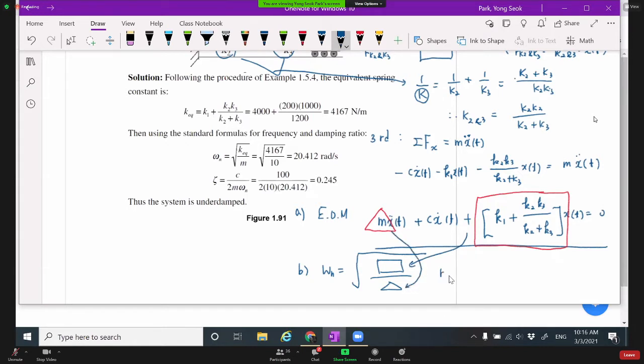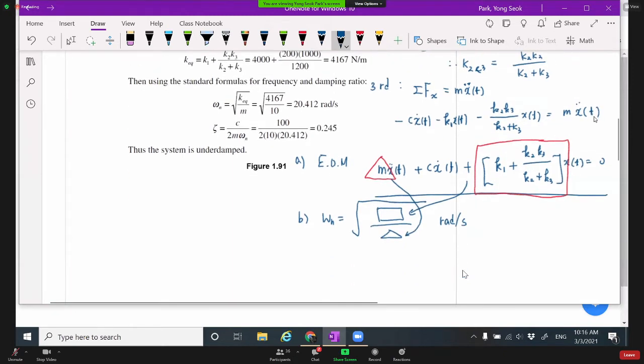And the unit has to be vibrator. Okay. So what is it? Does anyone remember what omega D is? Does anyone remember the equation for omega D?